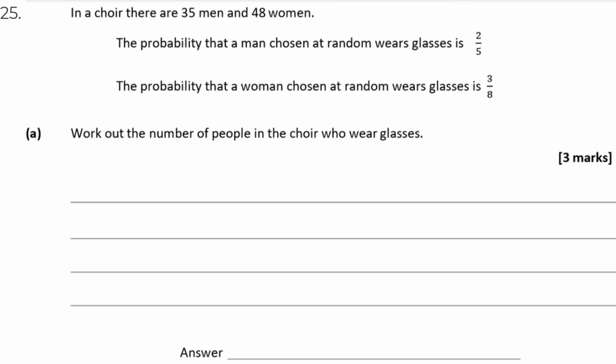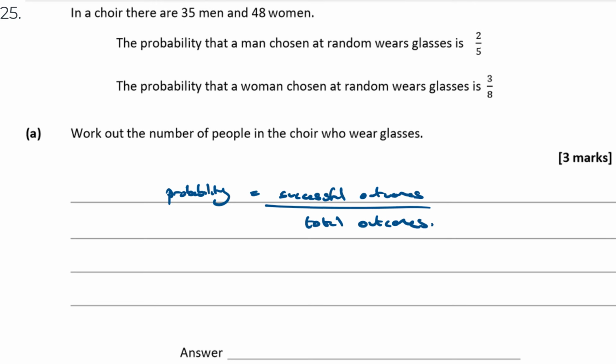Okay, well, probability is equal to successful outcomes divided by total outcomes. That's the probability formula.